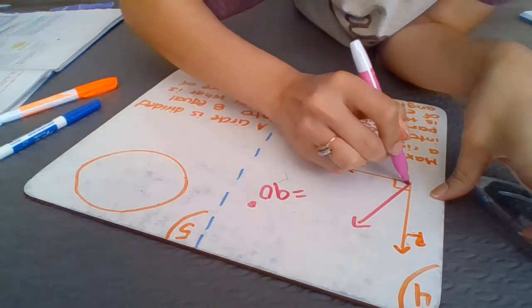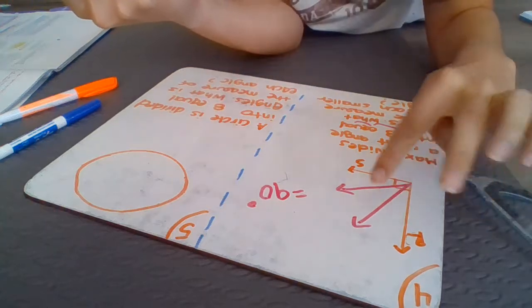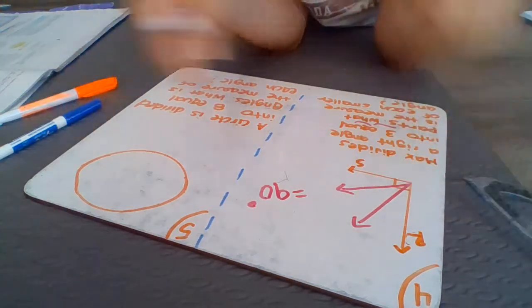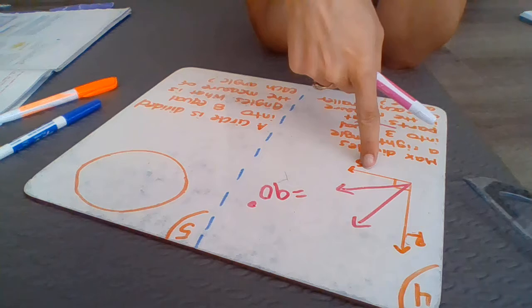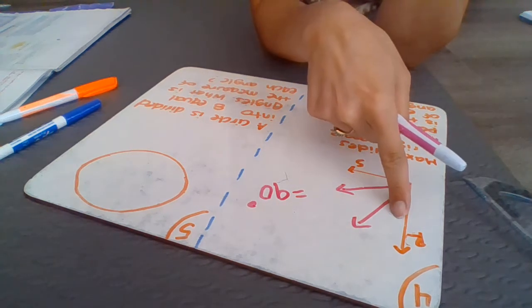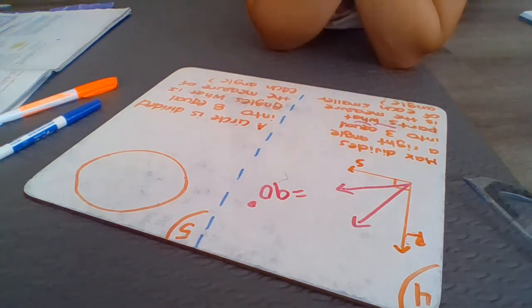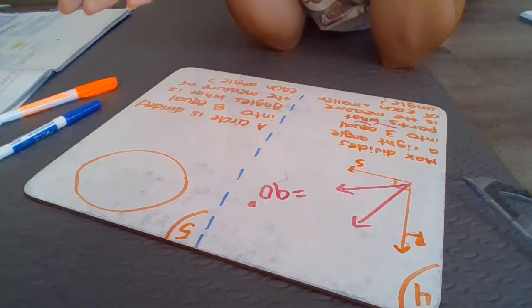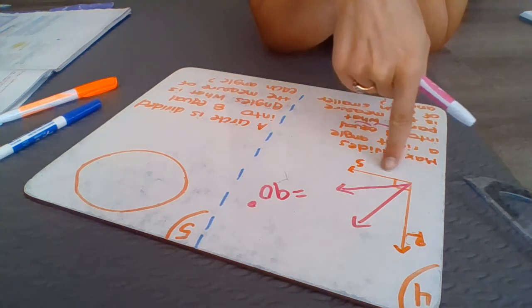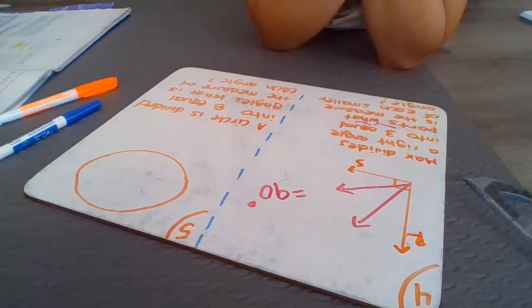So now I have 1, 2, 3. So I took the 90 degrees and I divided it into 3 equal parts. I need to figure out how much each angle measures. What's the math that you need to do? Your whole was 90 degrees and you divided it into 3 equal parts. Figure it out.